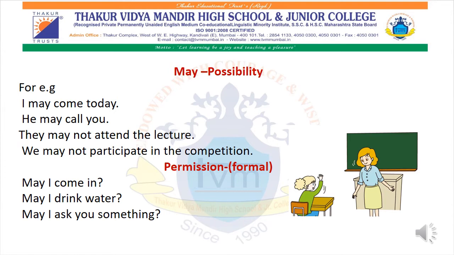So he is not completely sure whether he will definitely call you, but he is just telling the possibility. Then, they may not attend the lecture. So if a teacher asks you, why is Rohan not coming today? You might say that they may not attend the lecture.